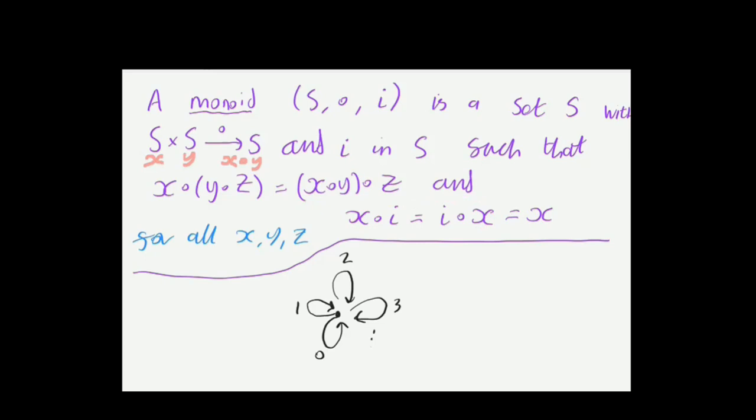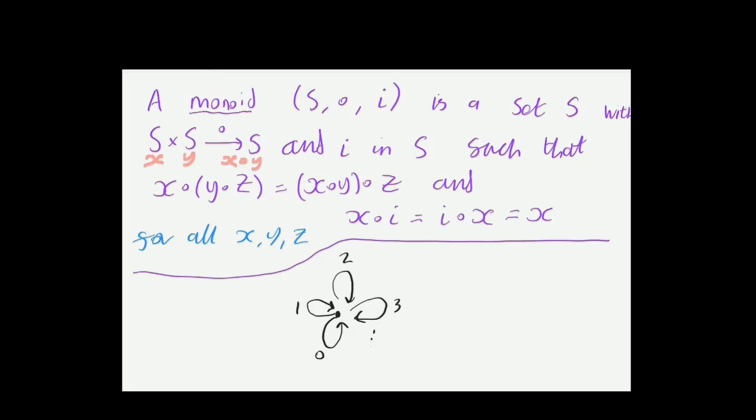So this is the more classical view of what a monoid is, but it's nice when you know category theory that you can think of a monoid in a much more compact way as just being a category of one object. So in what sense is that true?